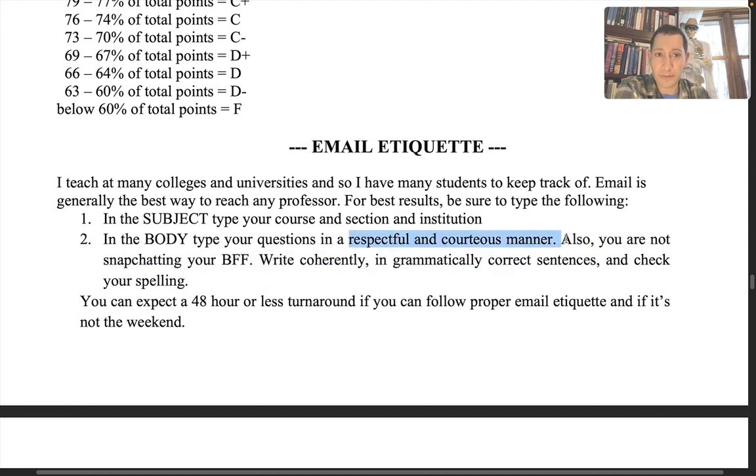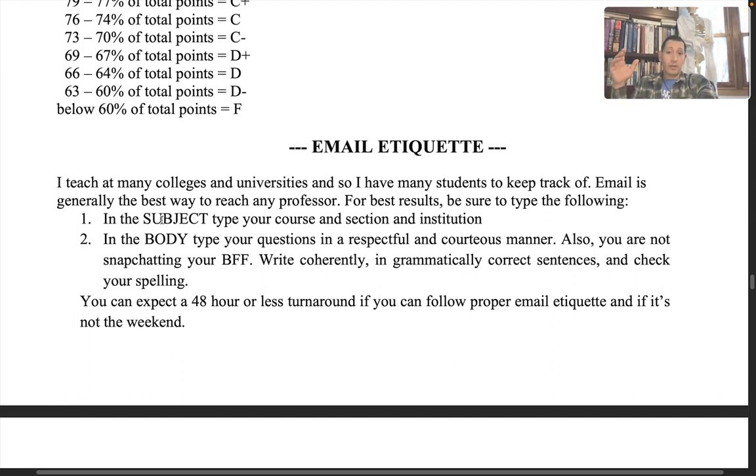Email. Make sure when you email me questions, number one, be respectful and courteous. Speak to me in a courteous way. Number two, tell me who you are, because if you use your personal email, and I really don't care what you use, but I need to know who you are. A lot of people say who you are, what class you're taking, what school you go to.